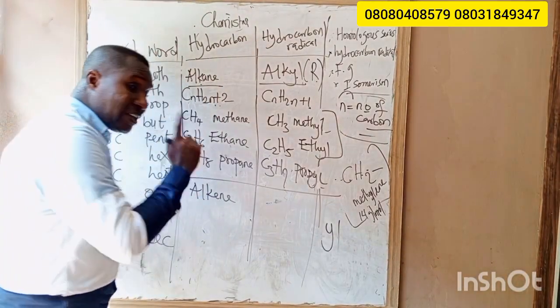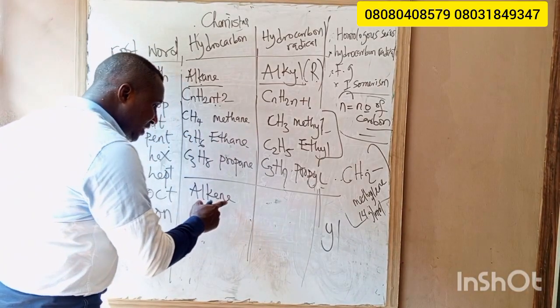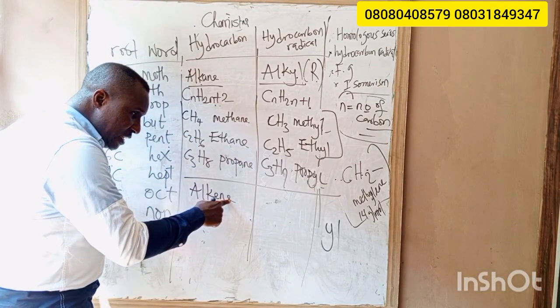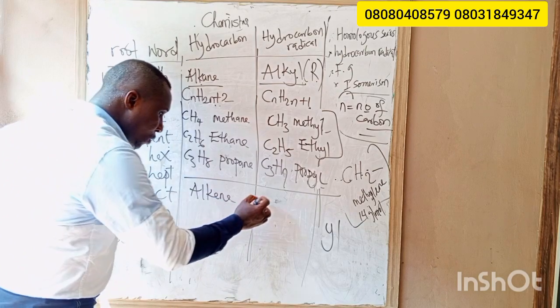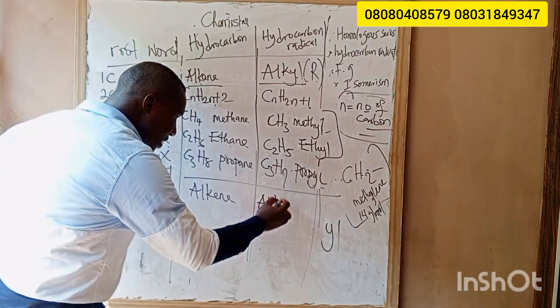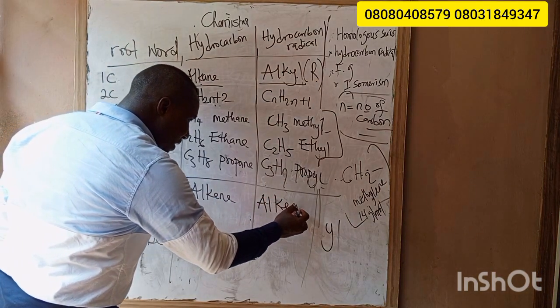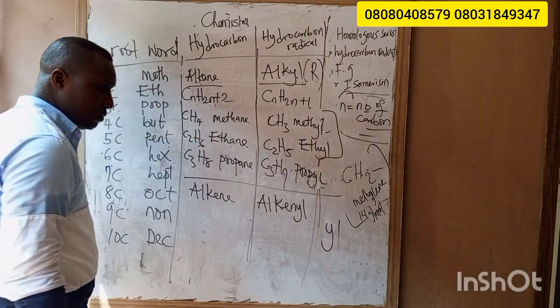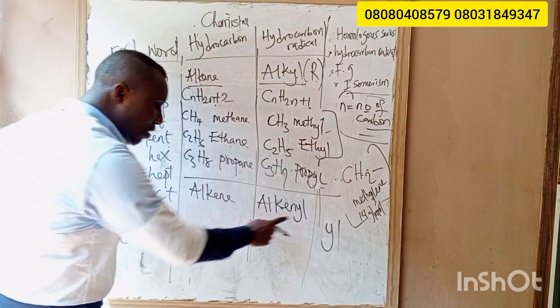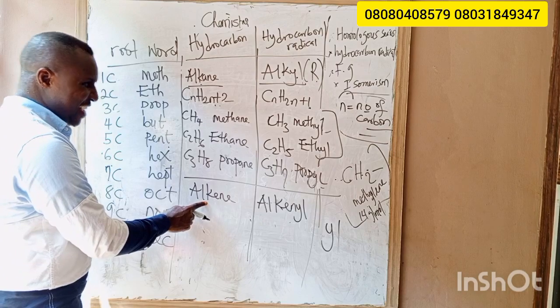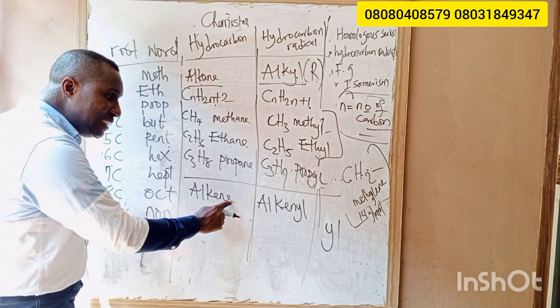Only the last E will be changed. You have alkenyl. This is the hydrocarbon radical of alkene. Just change the last E.